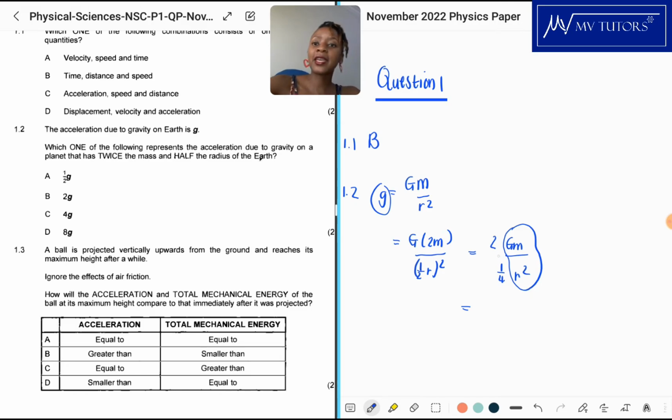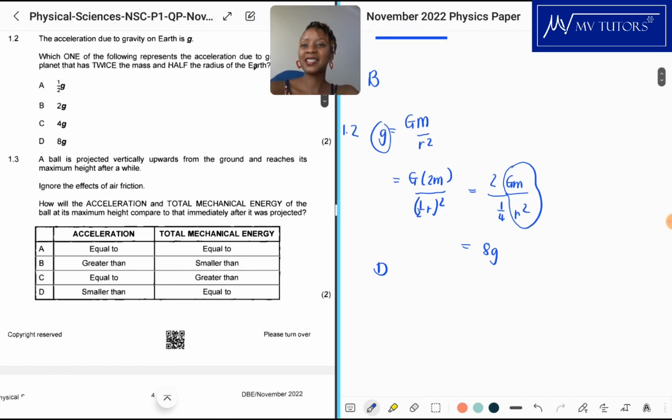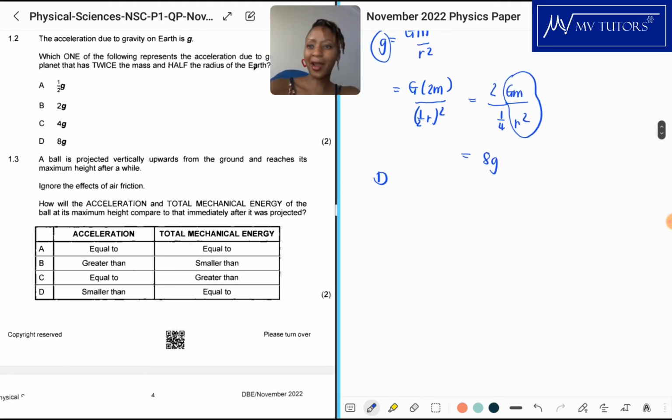And then 2 divided by a quarter is 8. There are 8 quarters in 2, so we have 8g, and that answer would be D. I did not mean to rhyme there, it just happened.